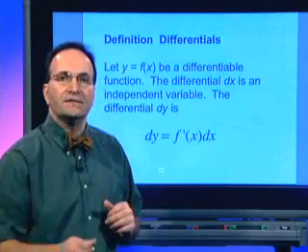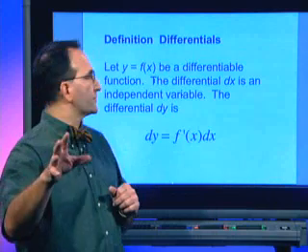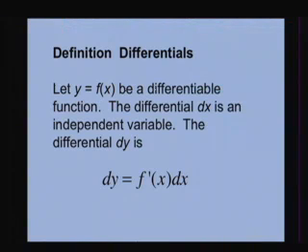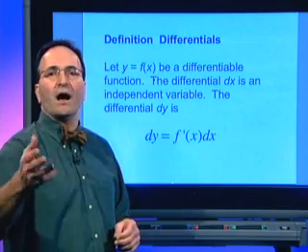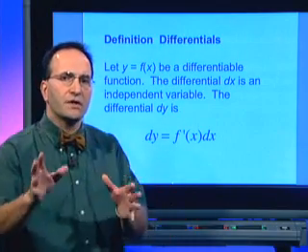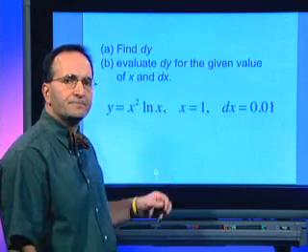Next, I want to look at a definition for differentials. Let y equal f of x be a differentiable function. The differential dx is an independent variable. The differential dy is dy equals f prime of x times dx. Let's try an example of using this formula so that you can see it clearly illustrated.